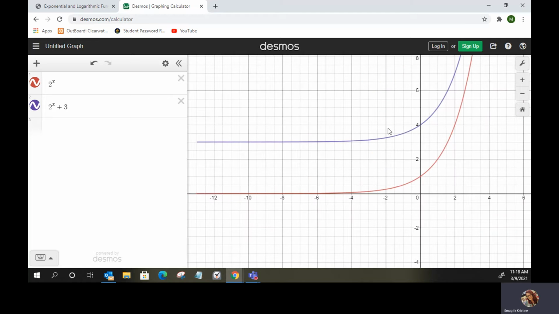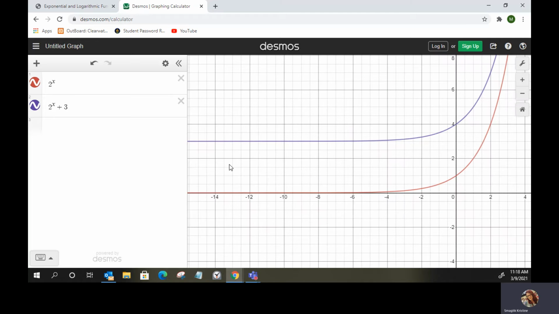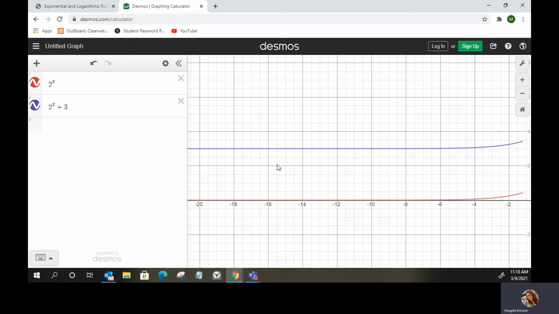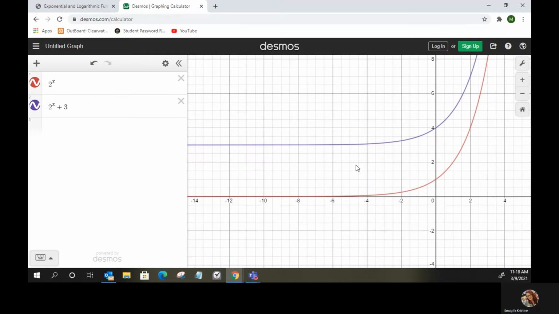My only difference was as x approaches negative infinity. Also notice, we still don't have an x-intercept. My range now, the range of my parent function, y values were all greater than 0. Well, now my range is y is greater than 3. Notice there's no y values on this purple graph that are below 3.